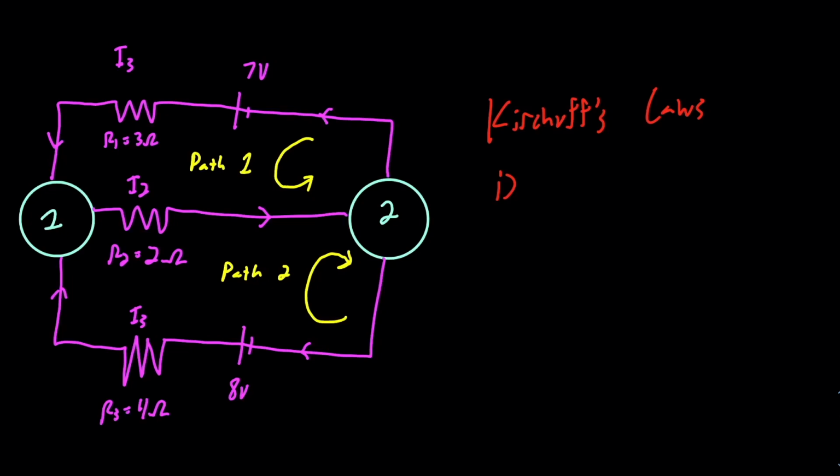All current flowing into a junction must flow out of it, so therefore, mathematically, the current coming into the junction is equal to the current coming out.